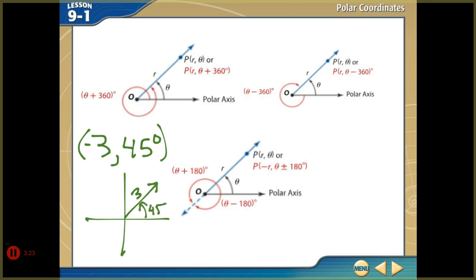But since it's a negative 3, that gets flipped over this way. So we add 180 degrees or pi radians, and it would go the other way. We don't have the graph here at the top, but it would be in that third quadrant. So with our negatives, we need to be a little bit careful. You just add or subtract 180 to get to those places. There are different ways we can represent a point in terms of polar values, but again, remember it's a distance and an angle. We'll keep track of it.